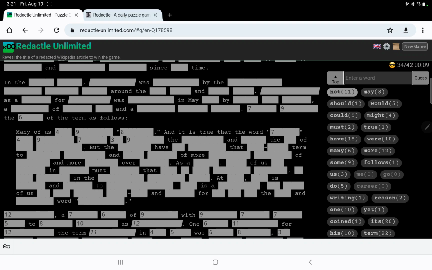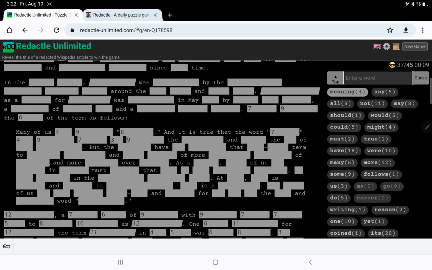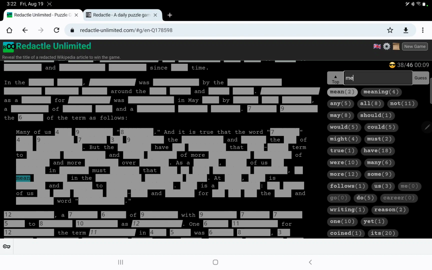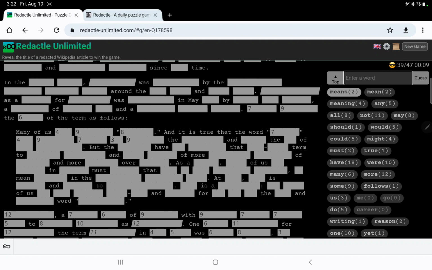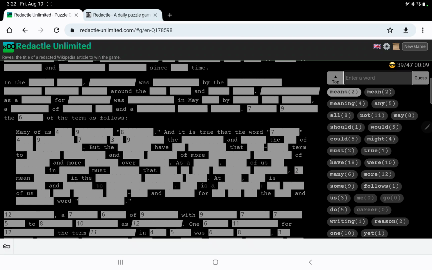It is true that the word 7, 4, 9, 7, 3, let's try all and any. Let's do meaning, mean, means. We do have a mean there. 2, no, 2 is not redacted. Are not redacted.